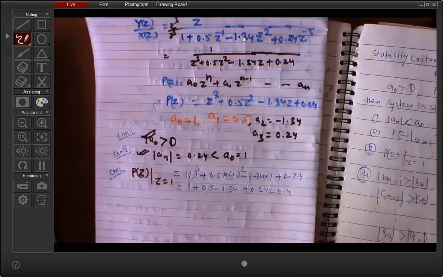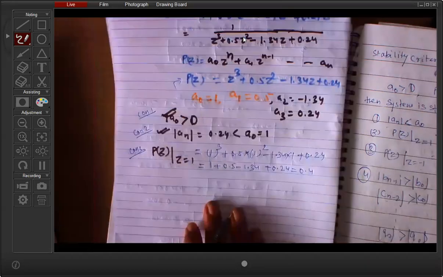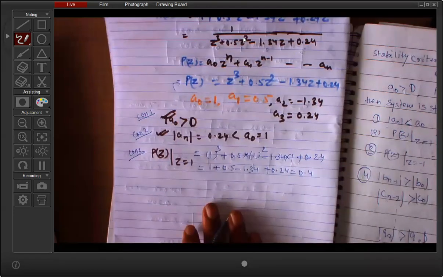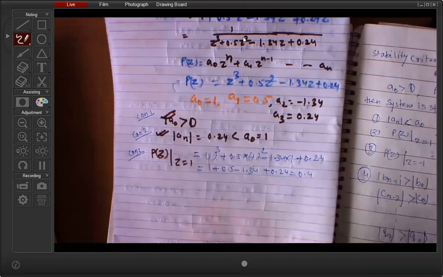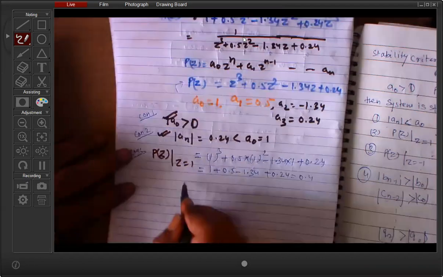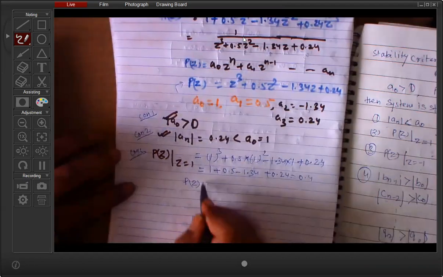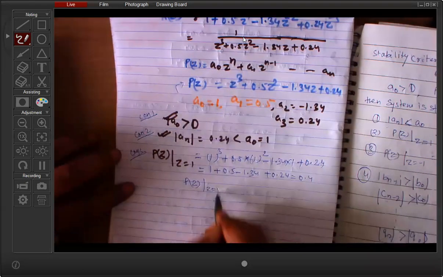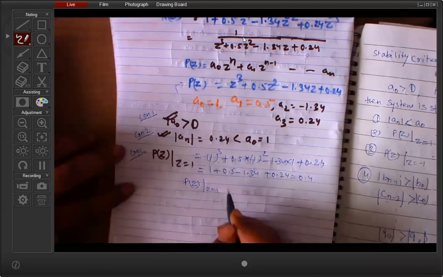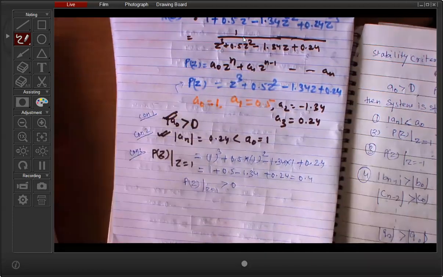0.4. So according to the condition of the Jury stability test, P(z) at z equal to 1 must be greater than 0. Is this condition satisfied?